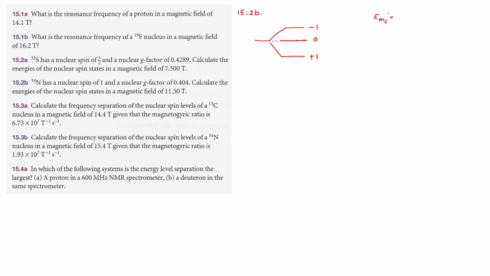I told you the G factor is different, so it is actually minus Gn, right? Mu n, the nuclear magneton, AMI, and your magnetic field along this. So for this, let us calculate.